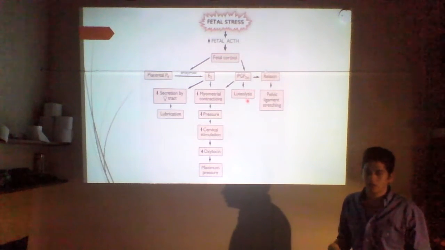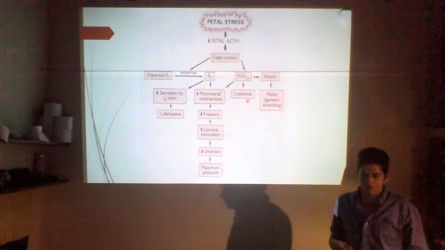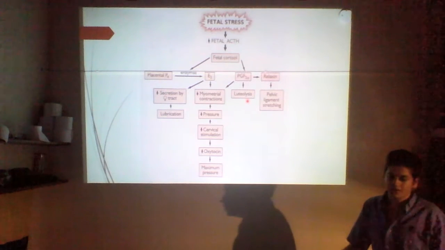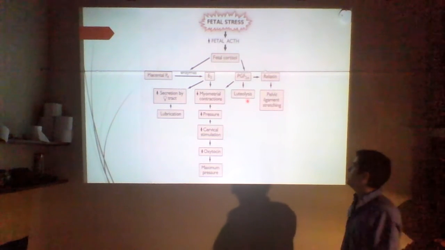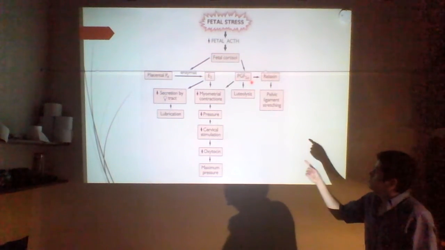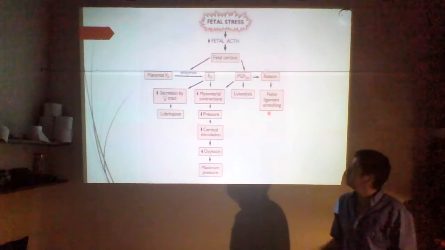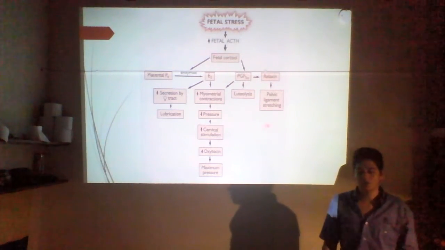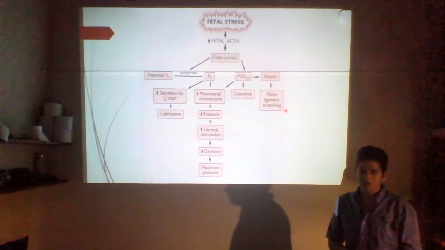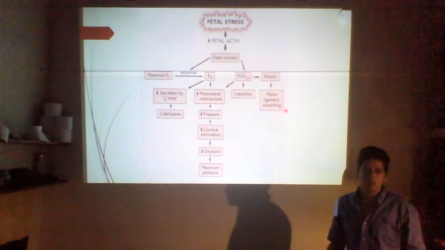That is when the corpus luteum is destroyed. Then there is a part of relaxing. The pelvic ligament stretching, almost like relaxing the tract, in order to have a good birth.